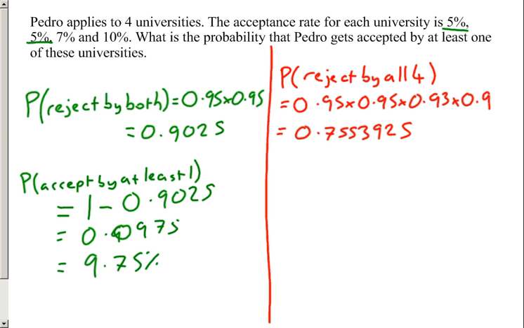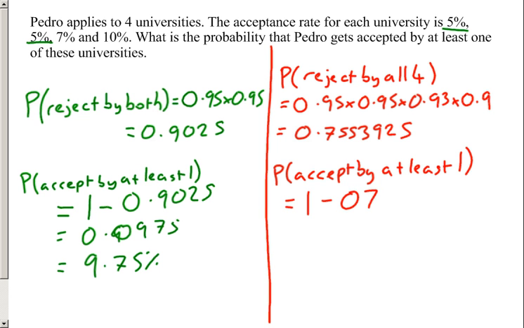So the probability that he's accepted by at least 1, well, that is equal to 1 minus the probability that he's rejected by them all. So 1 minus what we just calculated, which is 0.7553925.